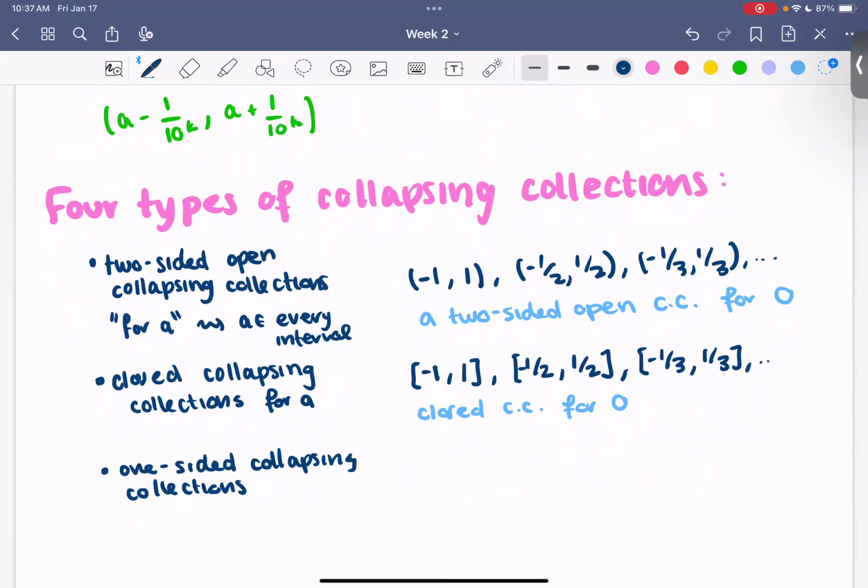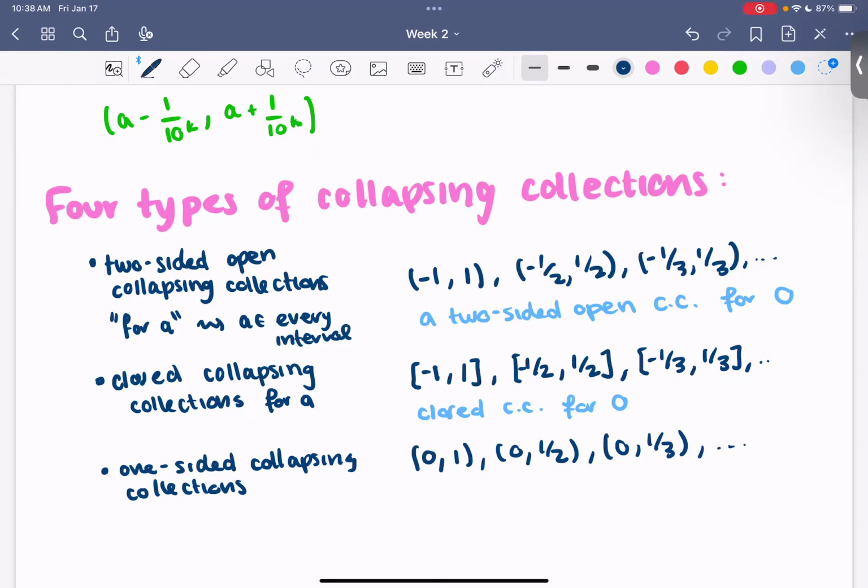So let me write down an example. So we could have something like 0 to 1, 0 to 1/2, 0 to 1/3, and so on. Okay, so this one's kind of funny because there's no number that's contained in all of the intervals, right? Let's think about that for a second. 0 is not contained in any of the intervals, right?